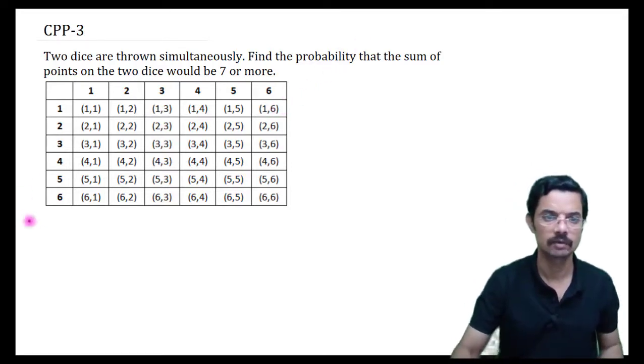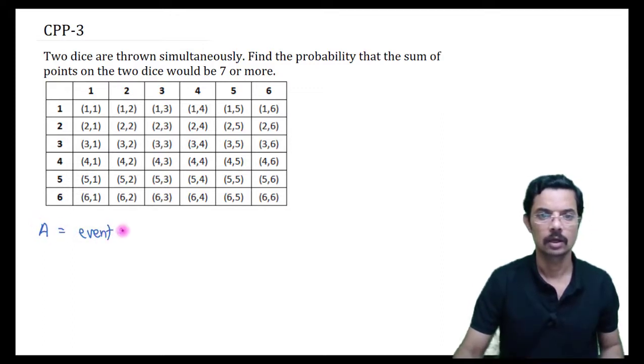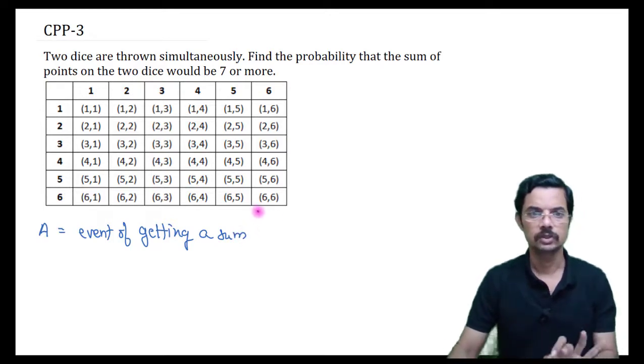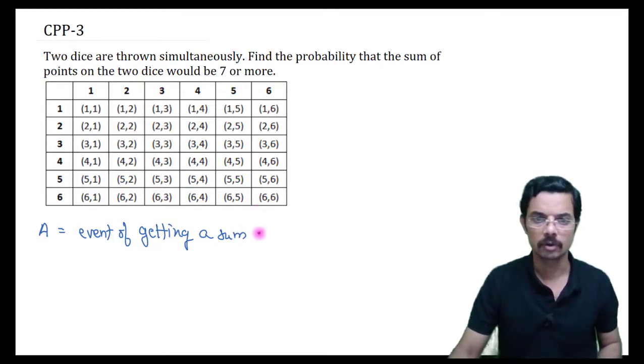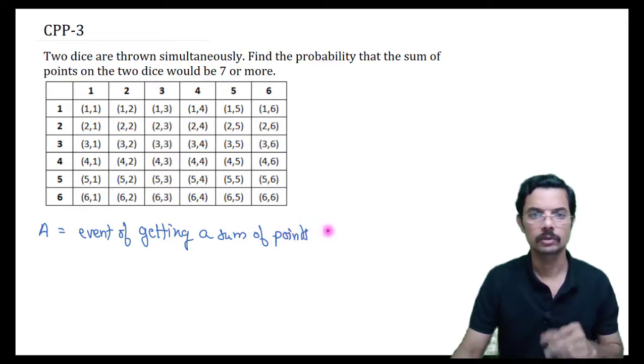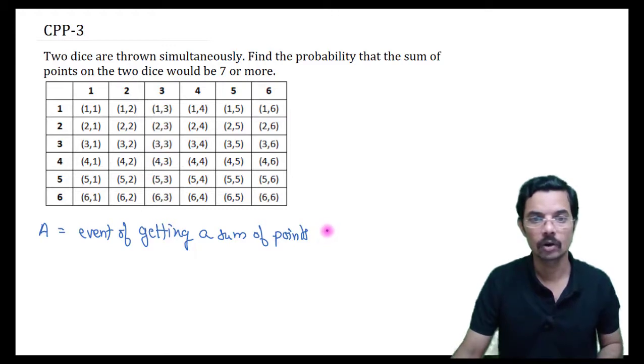Let us write down the event as A. Let A equal the event of getting a sum of points greater than or equal to 7.